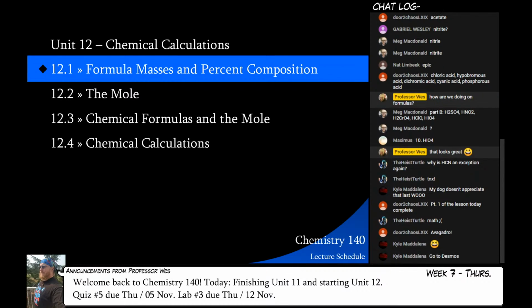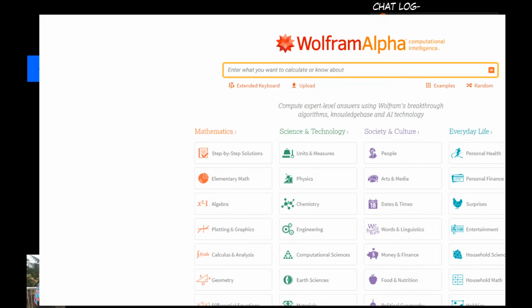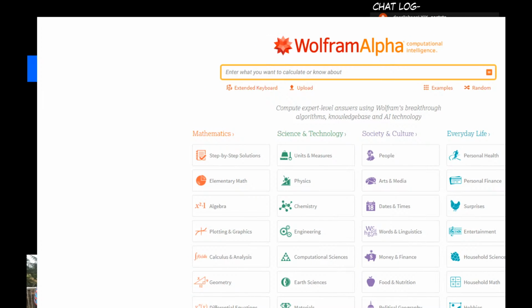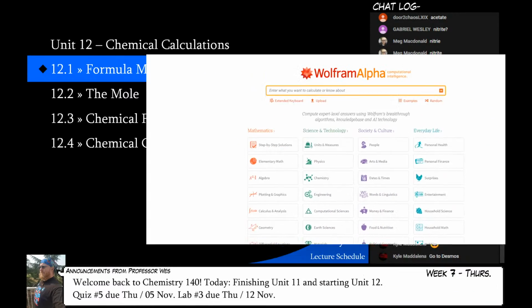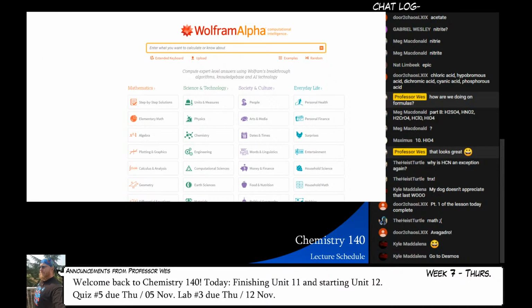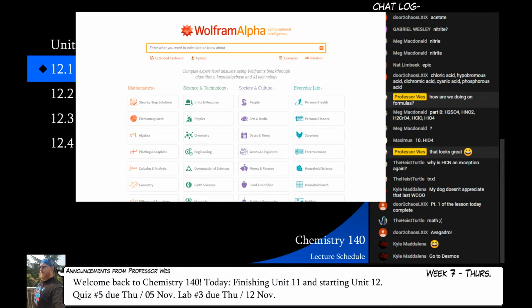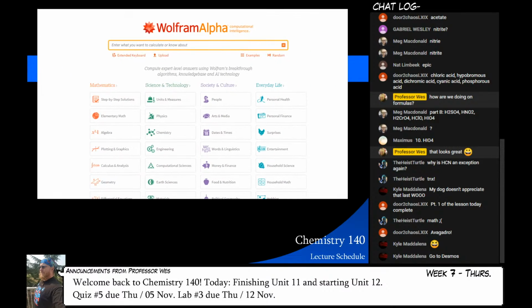So you go to this website. Desmos is another good one. I personally like Wolfram Alpha because it shows you what it is trying to do with the math. And also, Wolfram Alpha does a bunch of other random stuff that you could just experiment with.